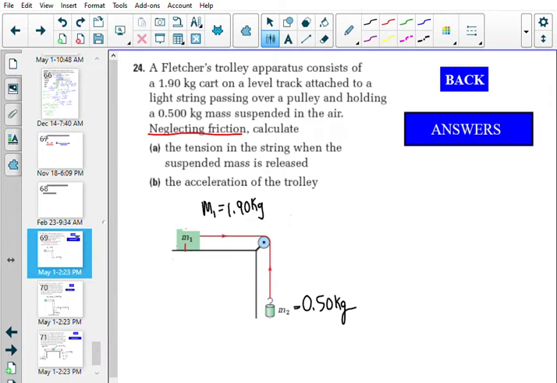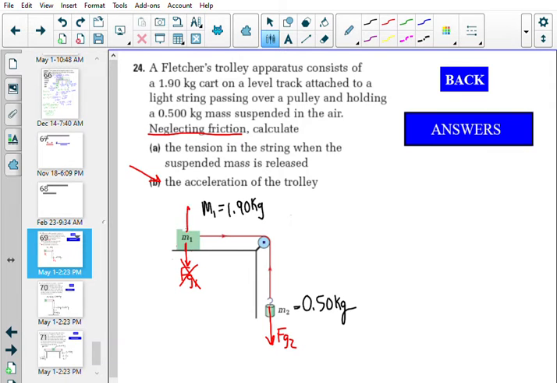I always find it much easier to start with the acceleration of the trolley, so that's where we're going to start. So the F net in this formula is all of the forces that are pulling on the rope. So we have a gravitational force down, Fg2. Fg1 is not pulling on the rope, so it's not going to be included in my F net formula.